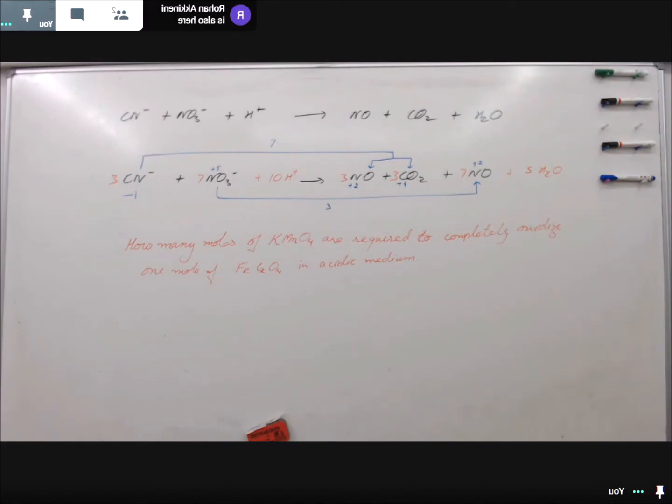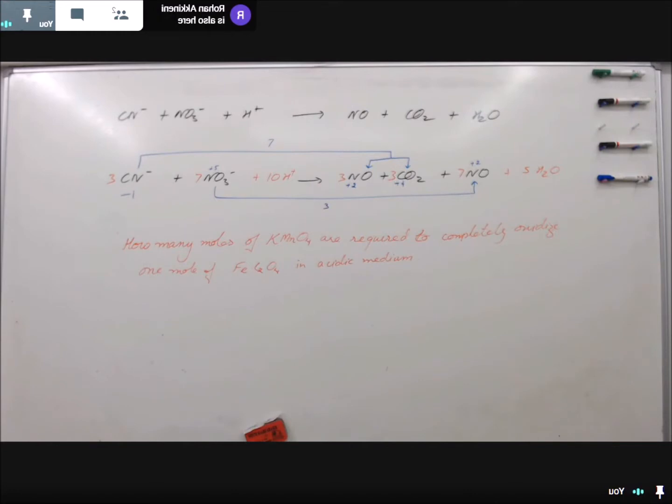Sir, we can't balance Fe and C and Mn and K, because there's no element on the other side for them. You have to consider what the product is going to be. In the acidic medium, MnO4 minus goes to Mn2 plus.